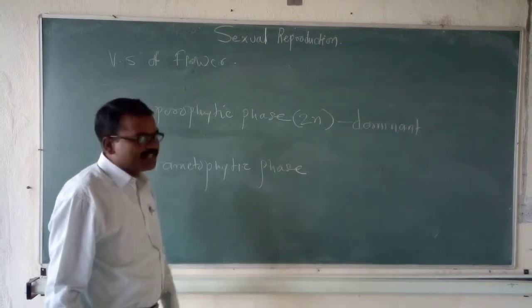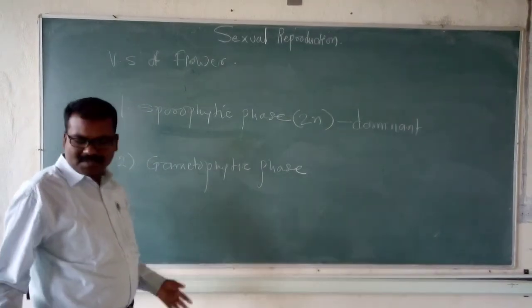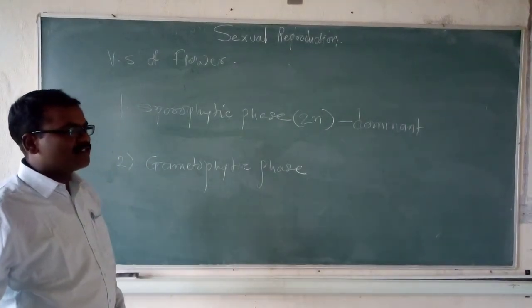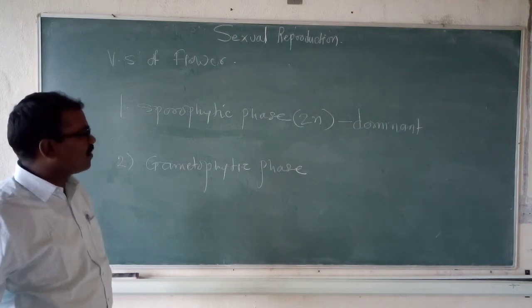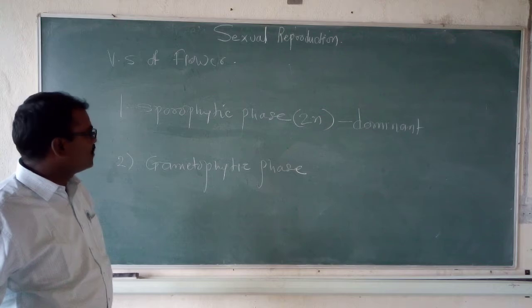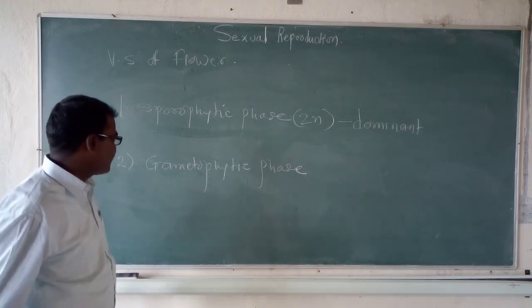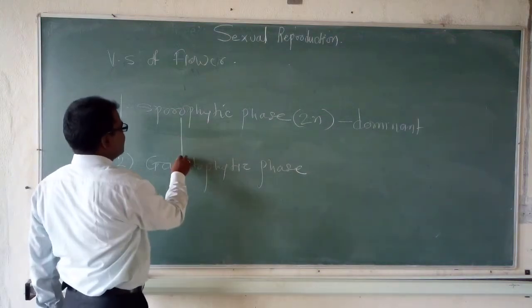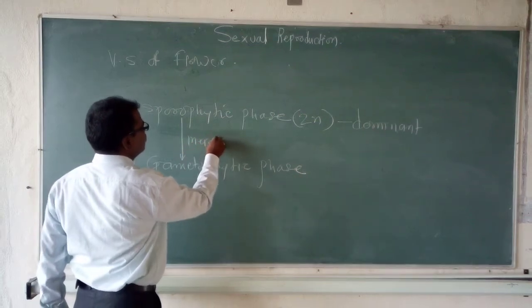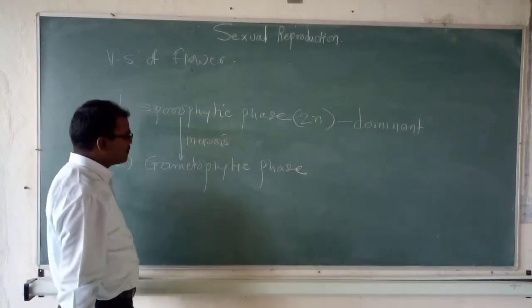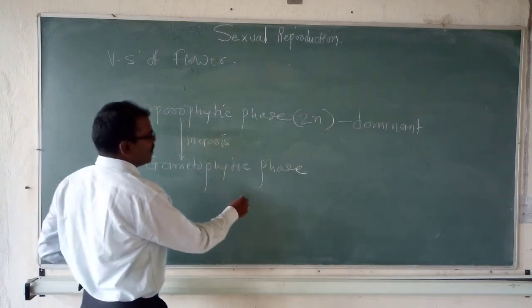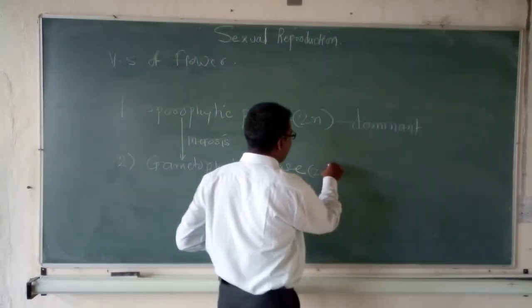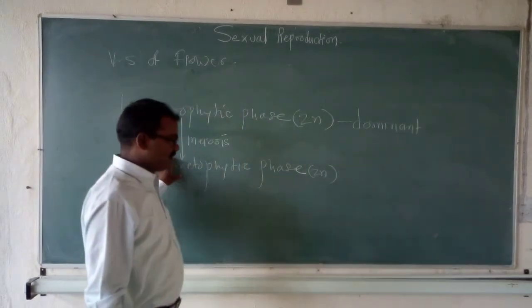Inside this sporophytic phase there is development of different organs: root, stem, leaf and flower. Inside the flower, after meiosis, there is development of the gametophyte. Meiosis is a type of cell division. The diploid sporophyte is converted into the haploid gametophyte phase.